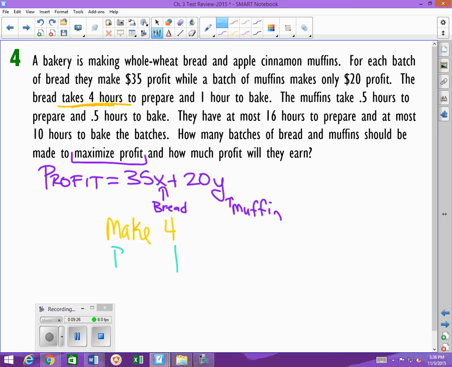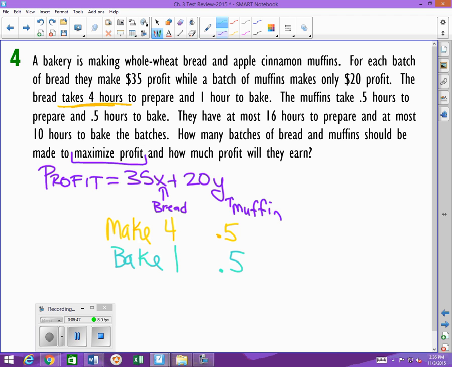One hour for baking. And the muffins take a half an hour to prepare and a half an hour to bake.